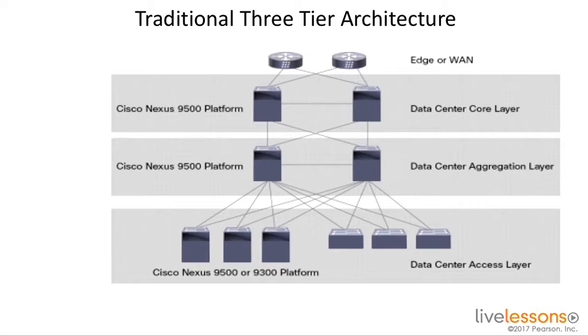At the access layer, I sometimes will use what we call fixed configuration switches because I may only need 2 of them at the top of the rack, so I don't need that many ports to plug into, but I still want high-speed connectivity.